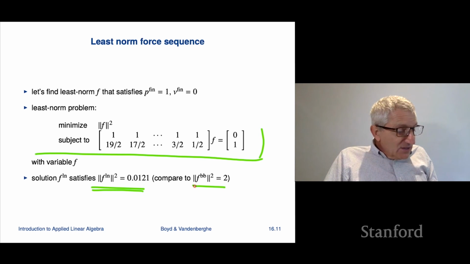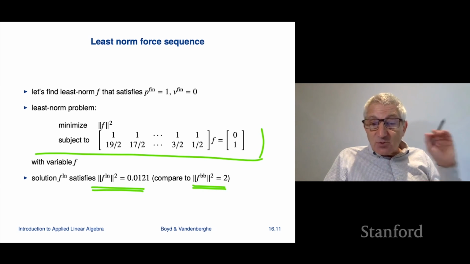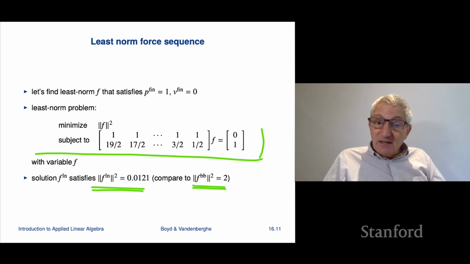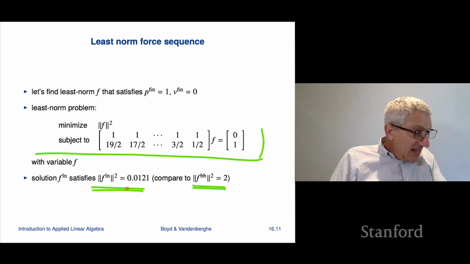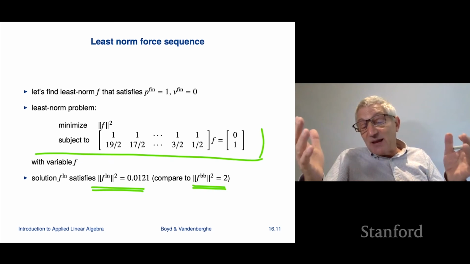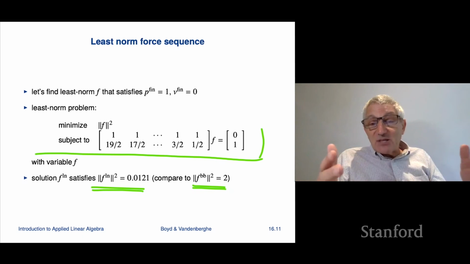That is compared to the bang bang one, which has a norm squared of 2, because it's 1 Newton and then minus 1 Newton. You square those and add them, you get 2. Okay, so what is that? 200 times, quote, gentler. If you care about the sum of the squares of the forces, it's 200 times smaller.